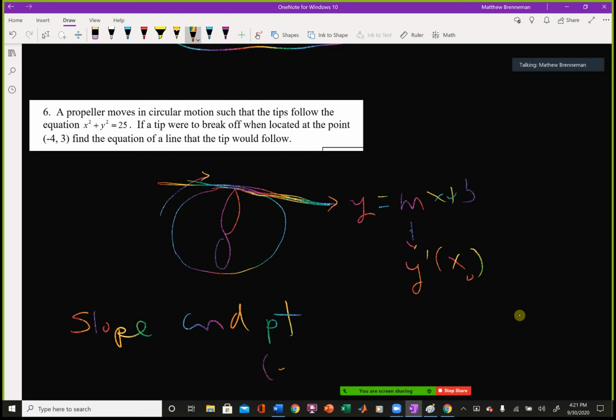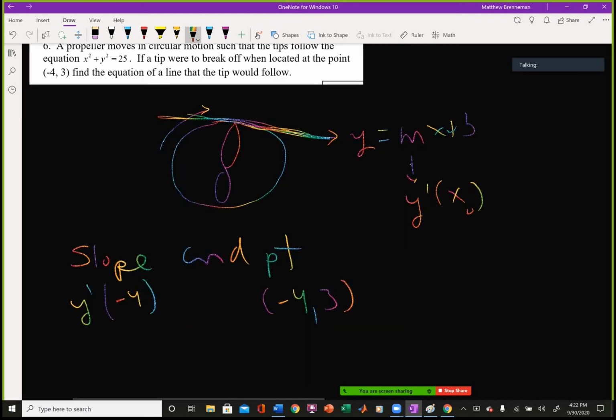Well, you're given the point is minus 4, 3. And you know that the slope of the tangent line is going to be y prime evaluated at the x coordinate that you're given. So what we really want to do is find the equation for y prime and then plug x equal to minus 4 in there.